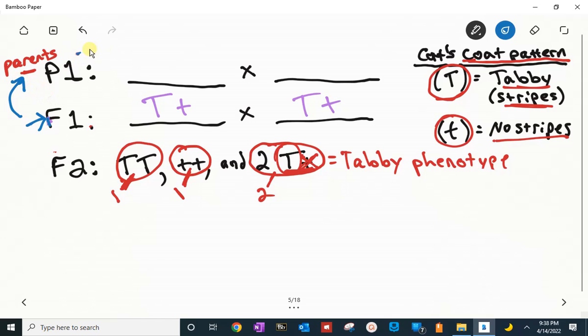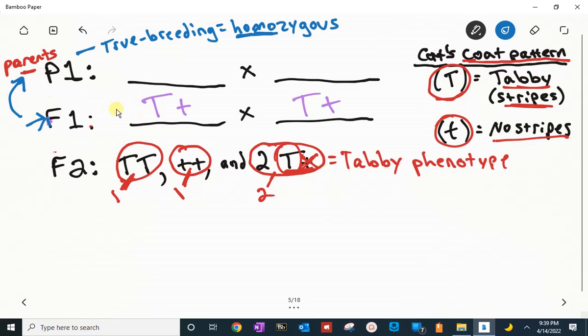And remember, the P generation is going to be true breeding, which means they're going to be homozygous for their alleles. Homo means same, so they're going to have the same two alleles as a pair. So the mom's going to have the same two alleles as each other, and then the dad's going to have the same two alleles as each other.